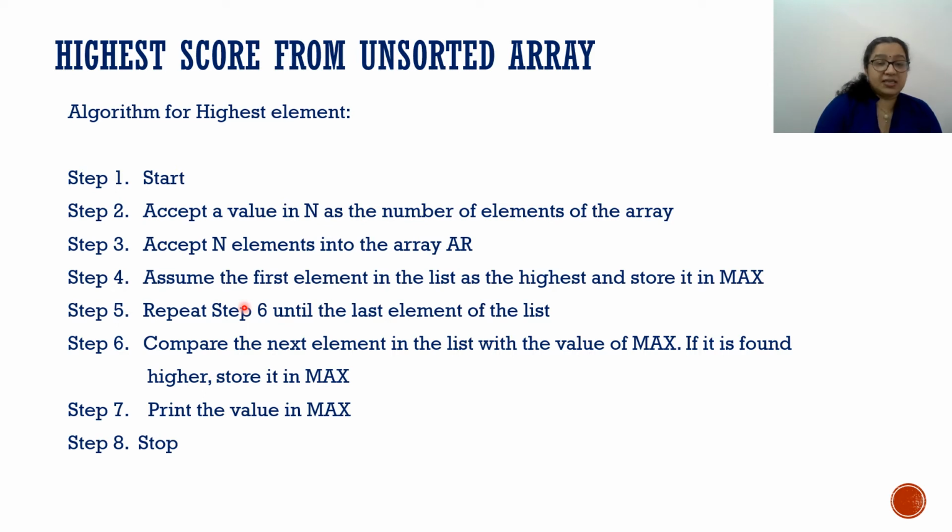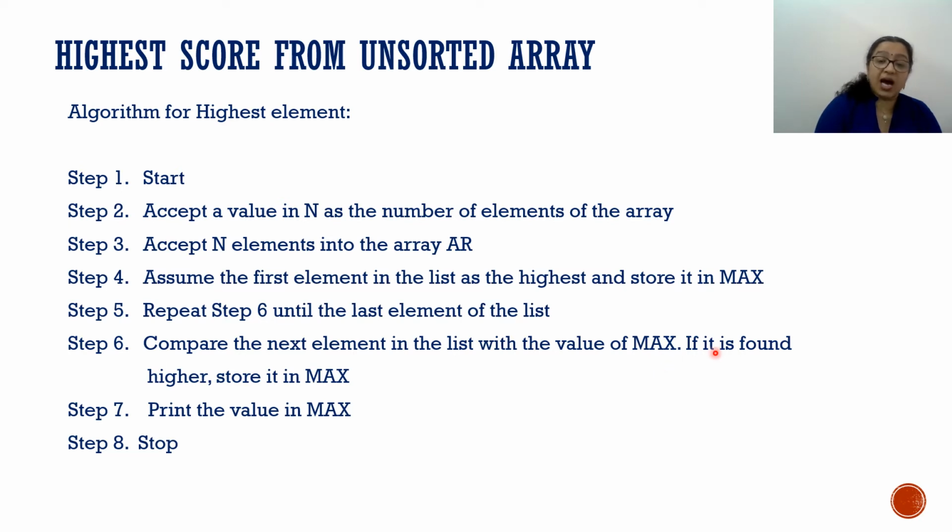Step 5: repeat step 6 until the last element of the list. So what is that step? Step 6: compare the next element in the list with the value of max. Next element onwards means the second element onwards, we want to compare with the value of max.